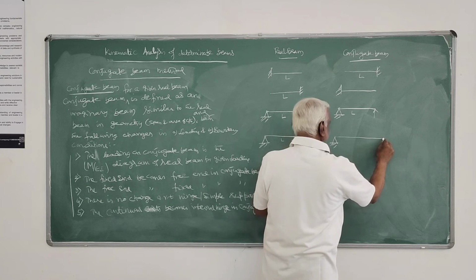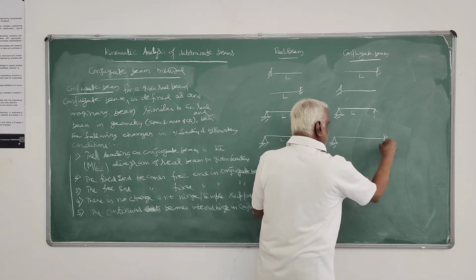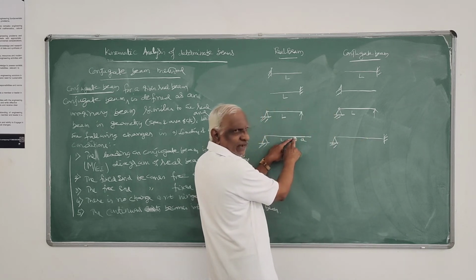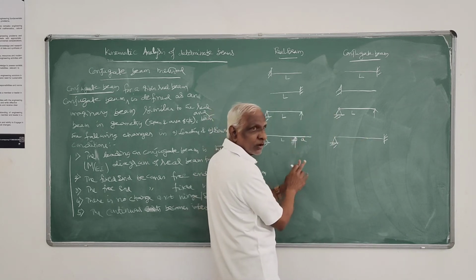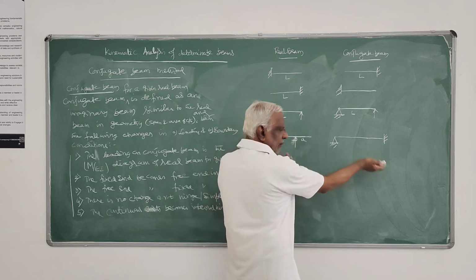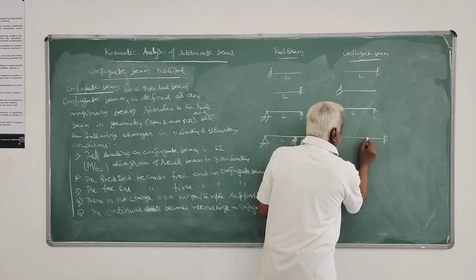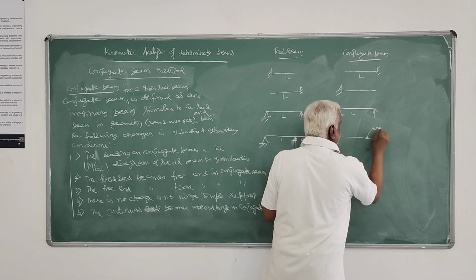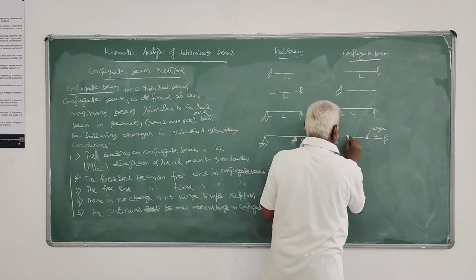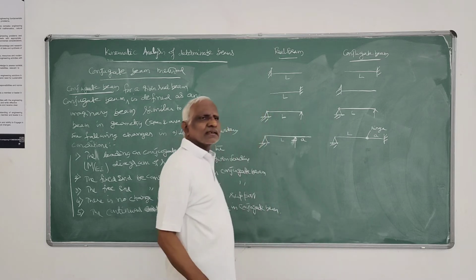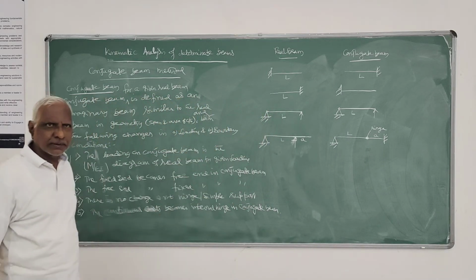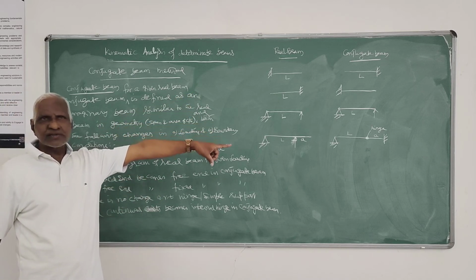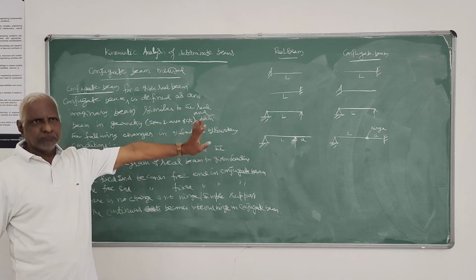The free end will become a fixed end, and here this is the continuous end. It is not a simple support, it's continuous here because there is a span adjacent to it. This becomes an internal hinge. This is the corresponding conjugate beam. I hope I made all the points which I have defined clear by means of a diagram.